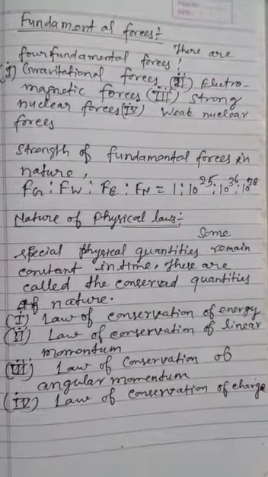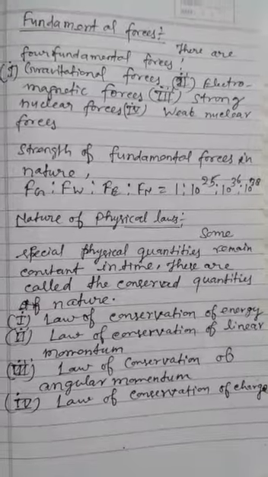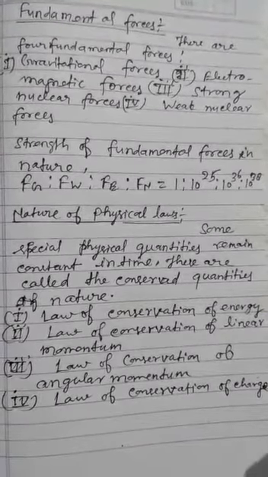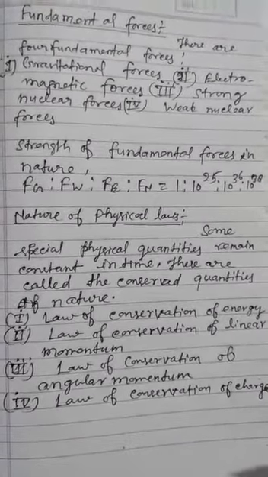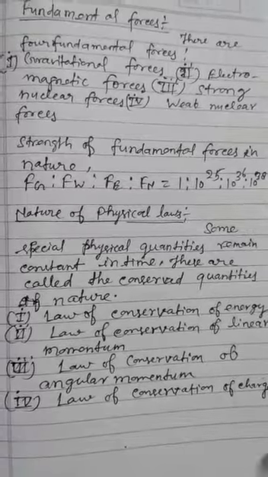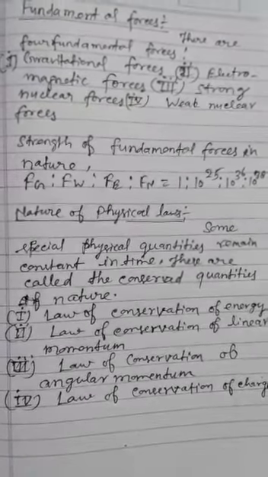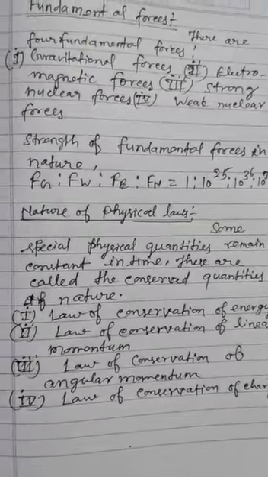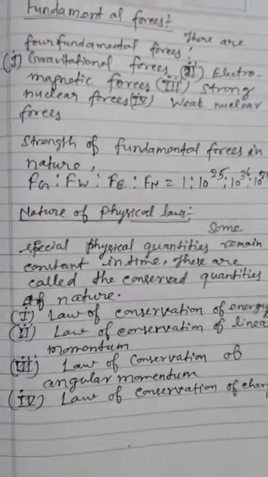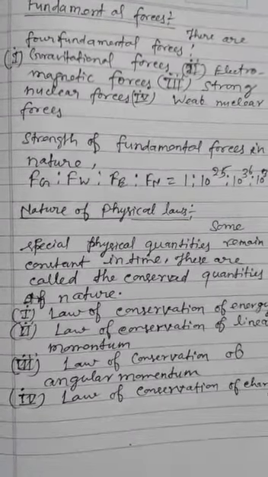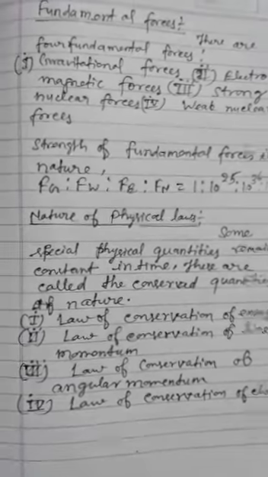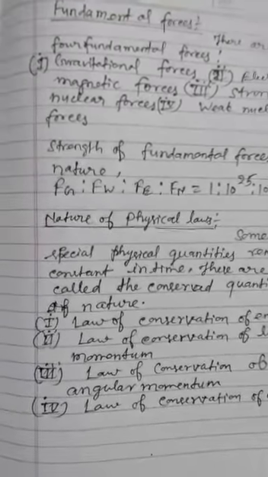Charge can neither be created nor destroyed, but it transfers from one form to another form. According to law of conservation of angular momentum, when no external torque is acting on any system, then its angular momentum remains conserved. You will study this topic in class 11th.